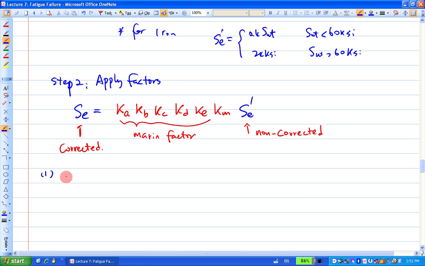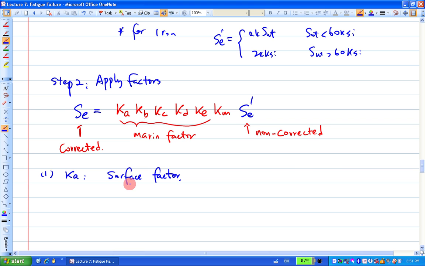First, Ka. This is called the surface factor. What you need to bear in mind is that all of these factors are trying to change the condition to one that is different from the lab condition.